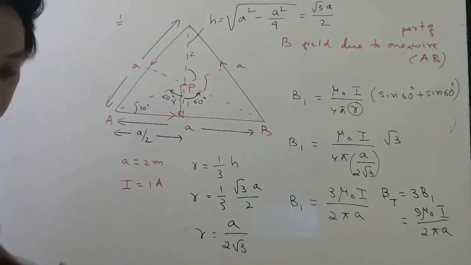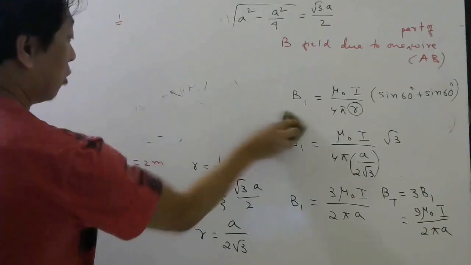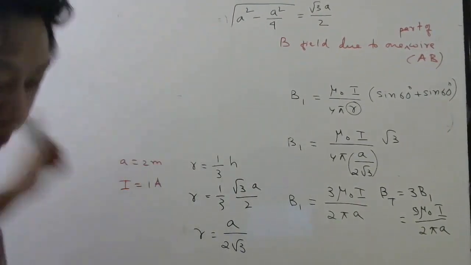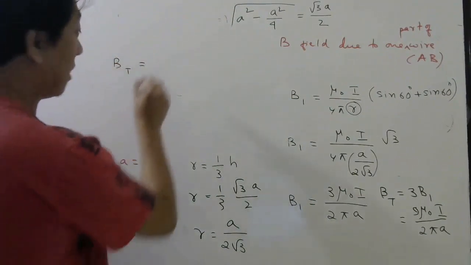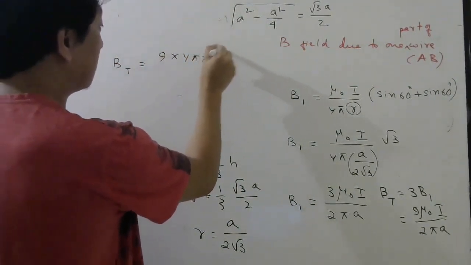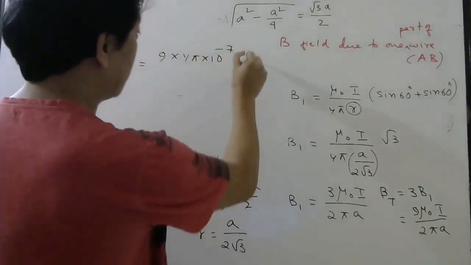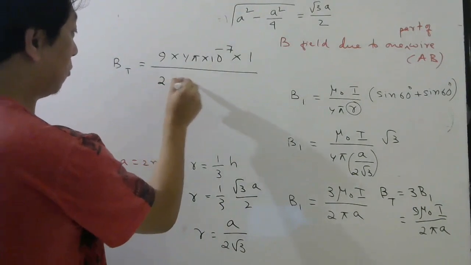Now if you substitute the values which are given, how much answer will come? So total magnetic field is 9. Mu naught value is 4 pi into 10 power minus 7. Current is given as 1 ampere. 2 pi. And what was the side?